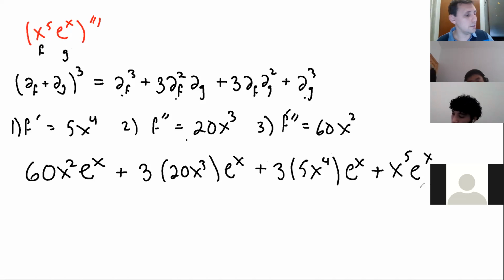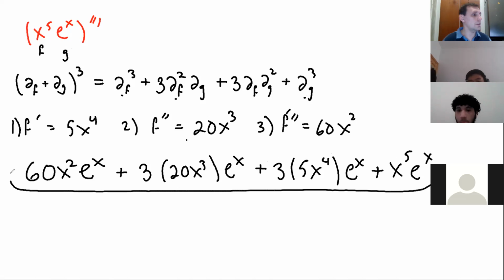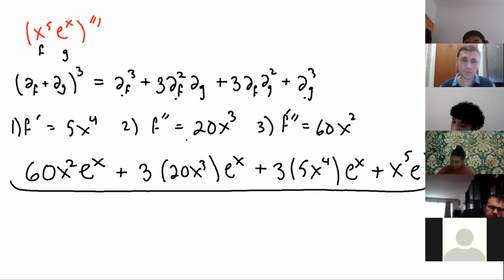And this is my third derivative of x to the 5 e to the x. You understand? So if you use this technique, of course, you can take derivatives very fast.